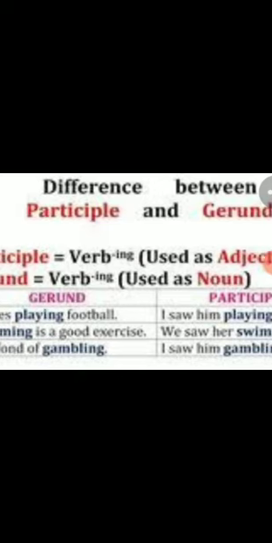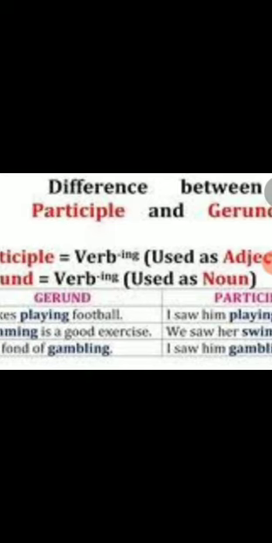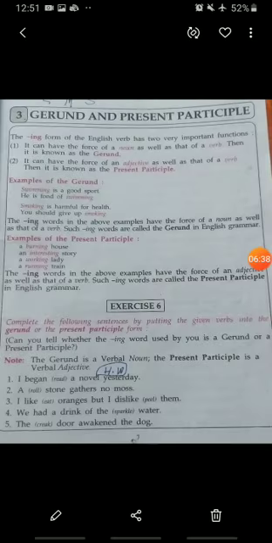We can say a gerund is a verbal noun because it is formed from a verb. A participle is a verbal adjective because it is formed from a verb. Here are some examples from our textbook.